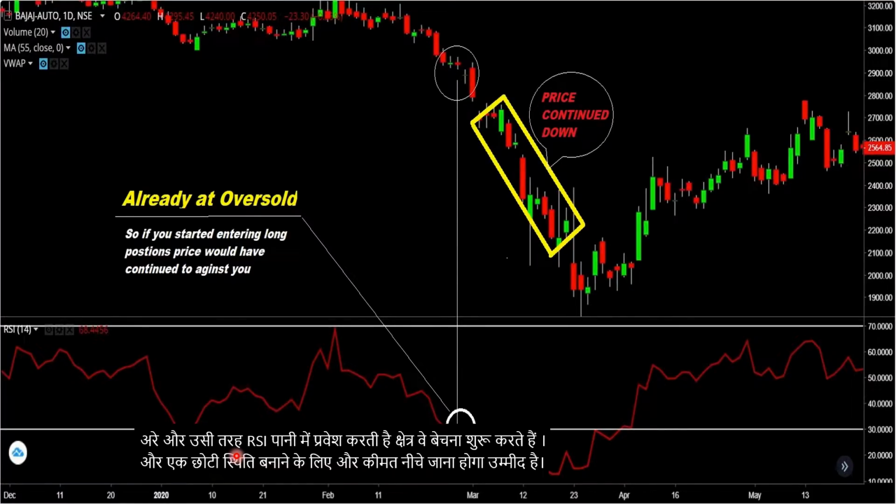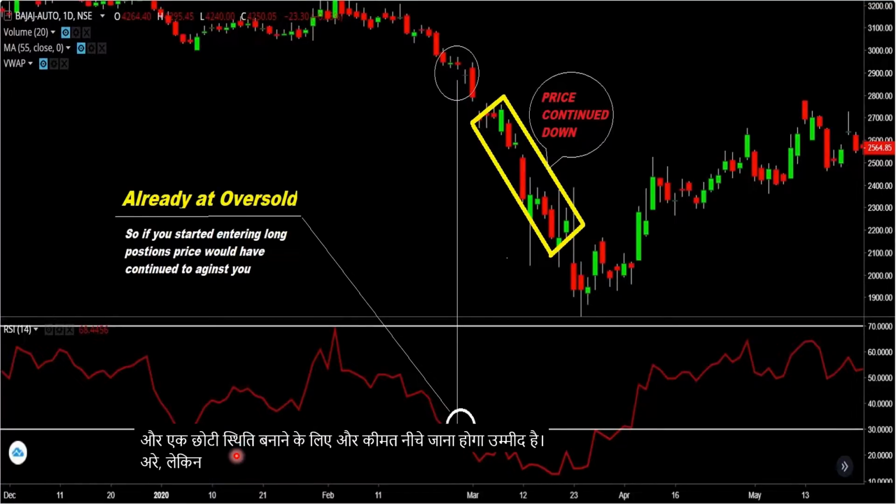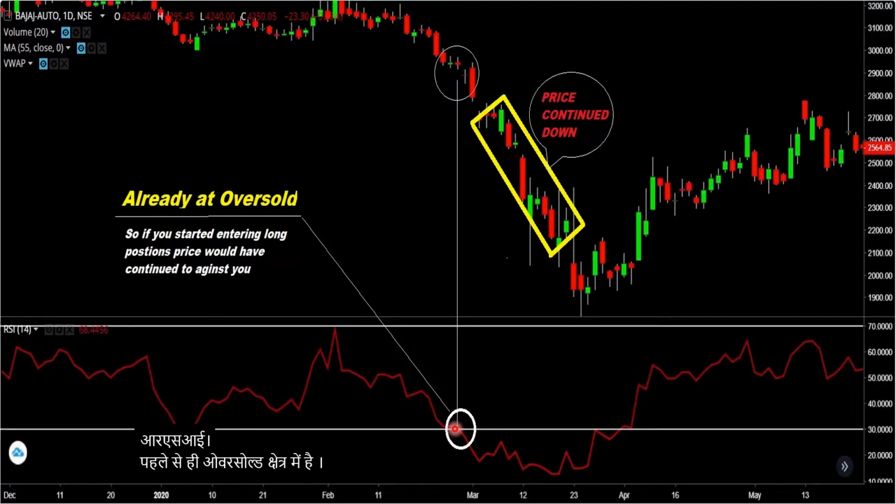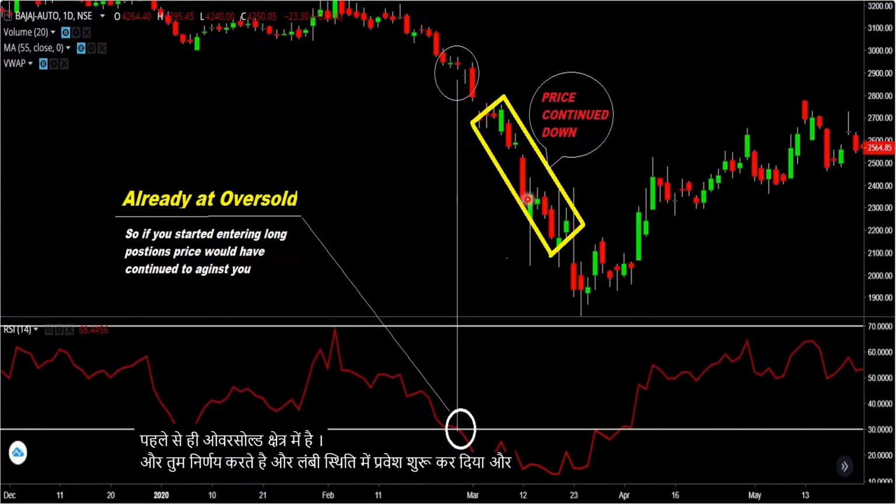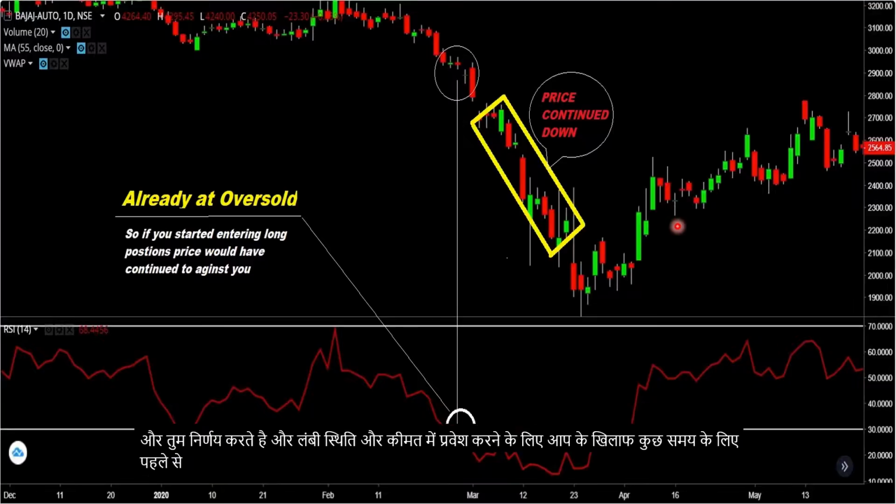But here is the problem with using the RSI like this. You can see here the RSI is already in the oversold region, and you make the decision and start entering a long position, and price would have continued against you for some time before it finally reversed.